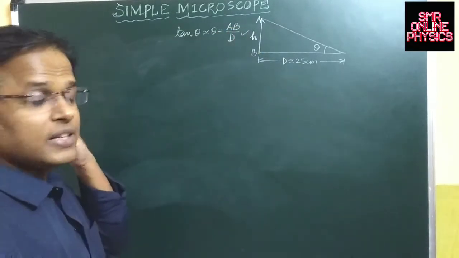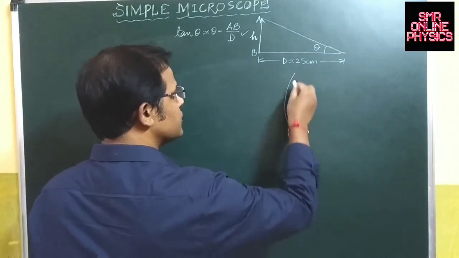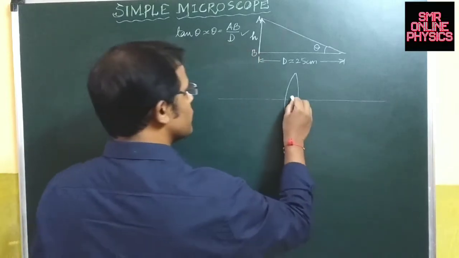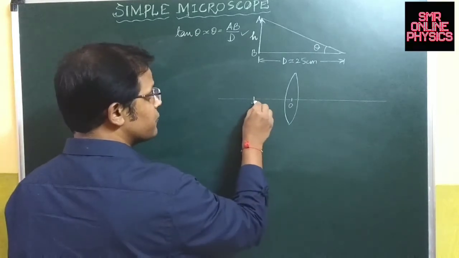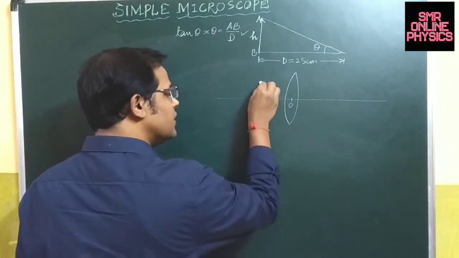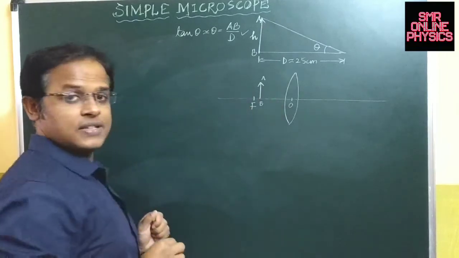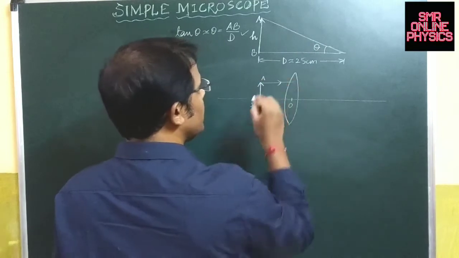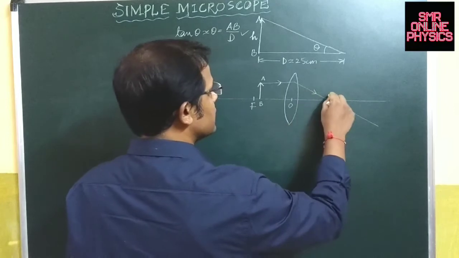That's great. Now if I bring this magnifier into action, this is a single convex lens. This is your principal axis. Let us say this is our optical center. This is the focus of the lens. Now if the object is placed slightly within the focal length of the lens, you exactly know what is going to happen. The rays of light get refracted and pass through the other side of the lens.